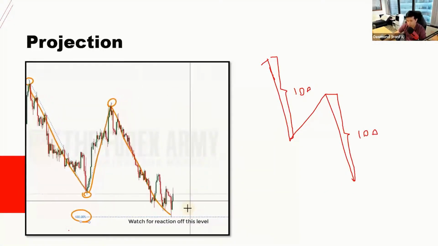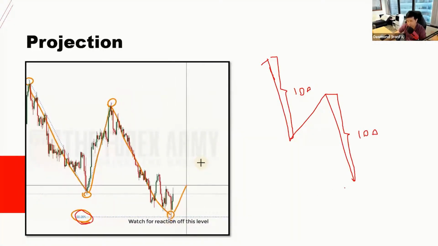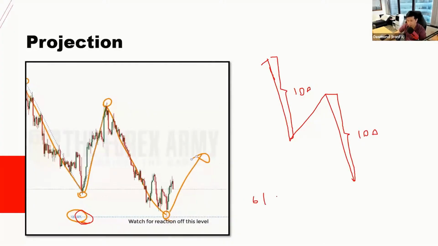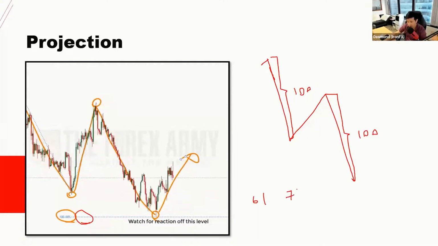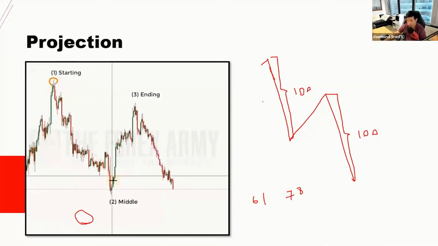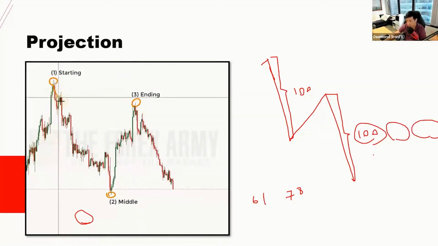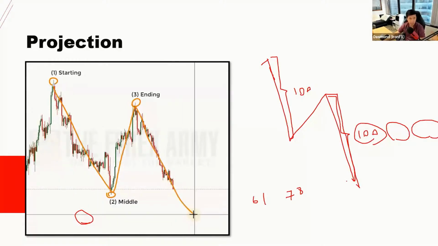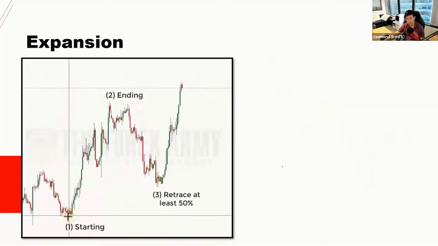This is what I mean by a 100% Fibonacci projection. We also have the 61% projection and the 78% projection. All of it means you take the distance and multiply it by 61, 78, or 100, when you're forecasting when the reversal is going to happen. That is the meaning of Fibonacci projection.